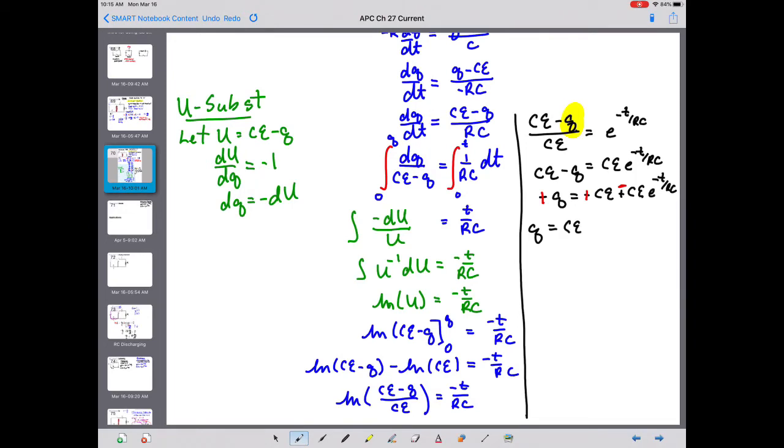Actually, I'm going to factor out a C EMF. C EMF, and that'll be 1 minus E to the negative t over RC. So that is your Q of t equation.